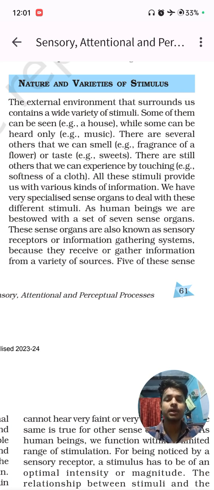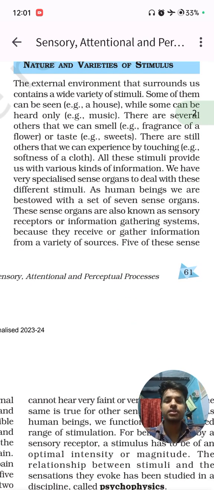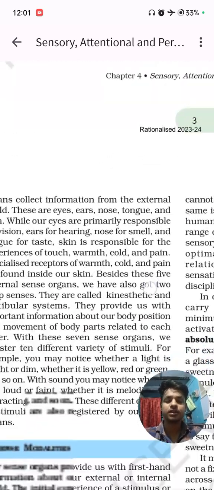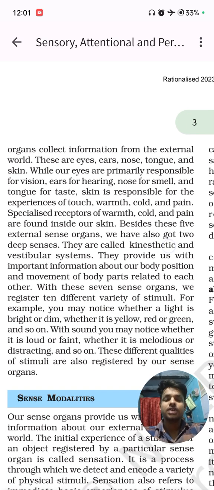We have very specialized sense organs to deal with these very different stimuli. As human beings, we are bestowed with a set of seven sense organs. These sense organs are known as sensory receptors or information gathering systems because they gather information from various sources. Five of these sense organs collect information from the external world.